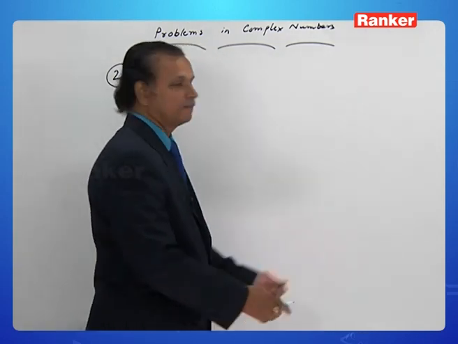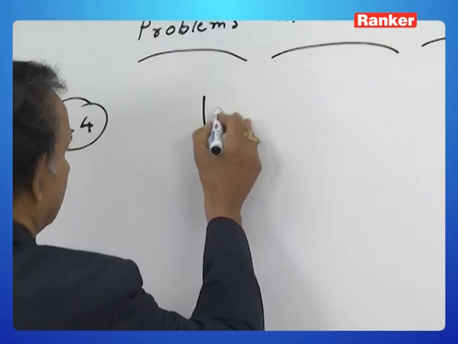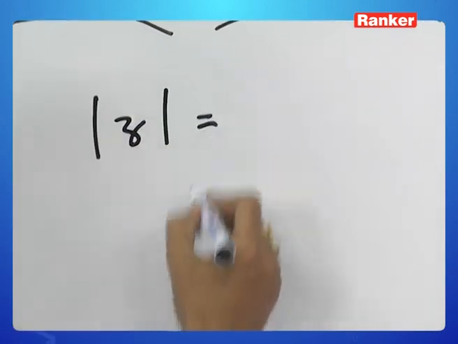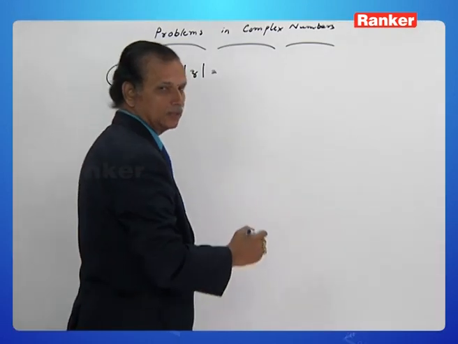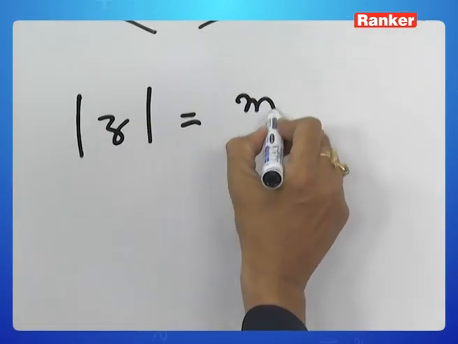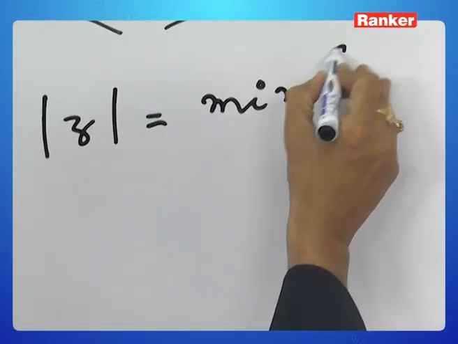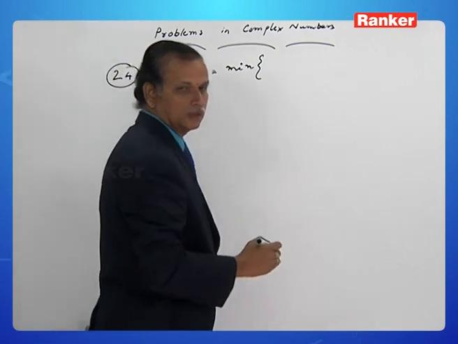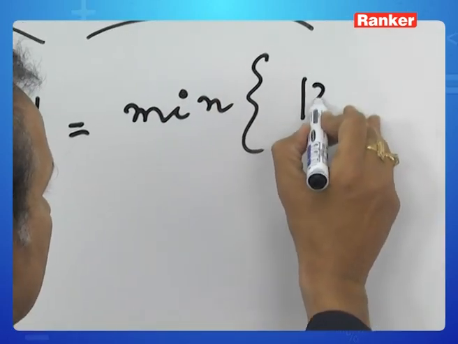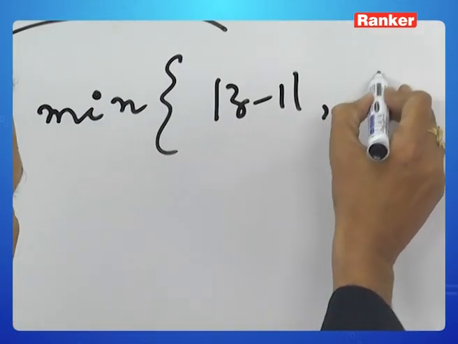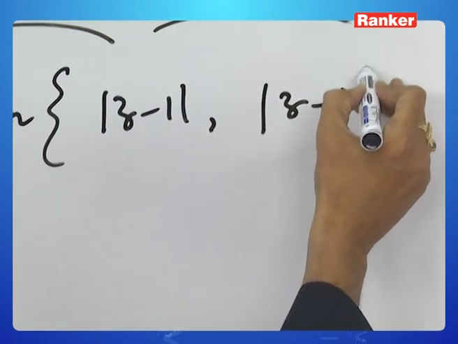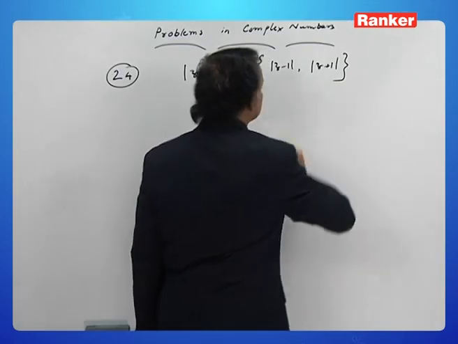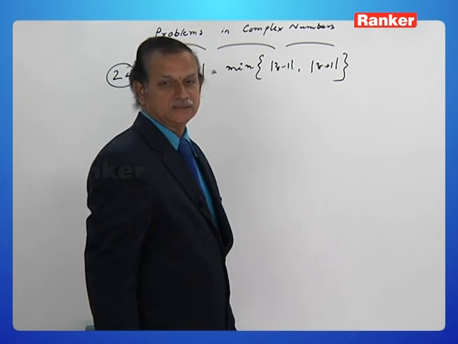What is given? Mod z is equal to the minimum of mod z minus 1 and mod z plus 1. What is asked here?